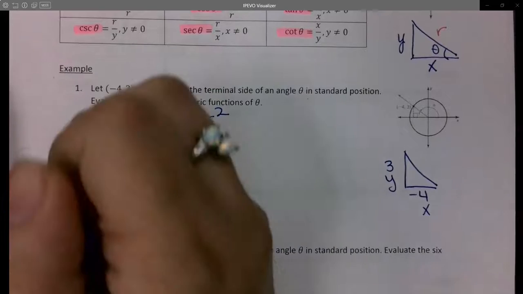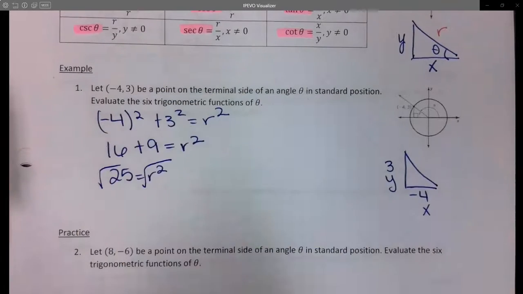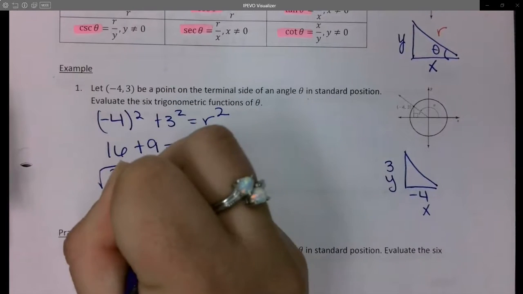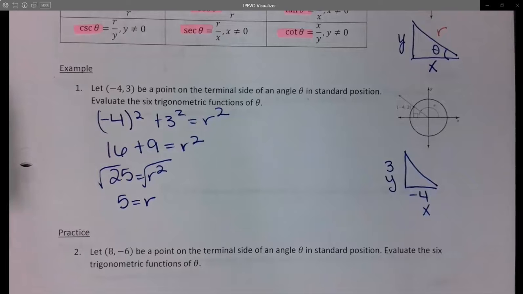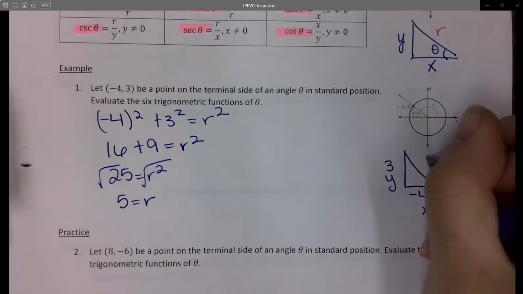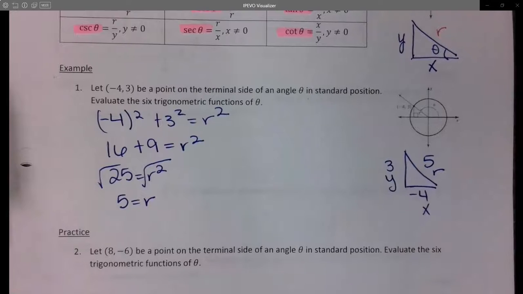Then to get r alone, I want to take the square root of both sides. 5 gives me r. 5 is r. So if I go back, I can label this, and this is my r.